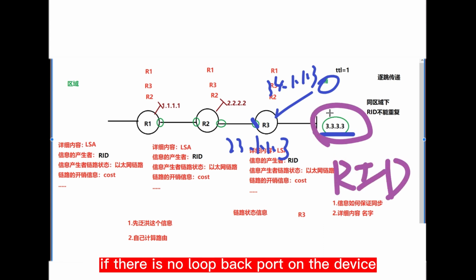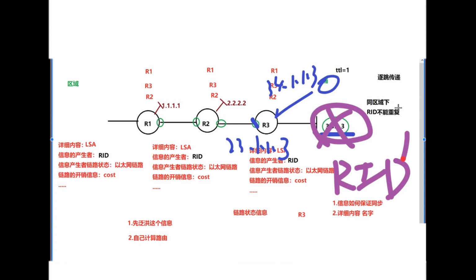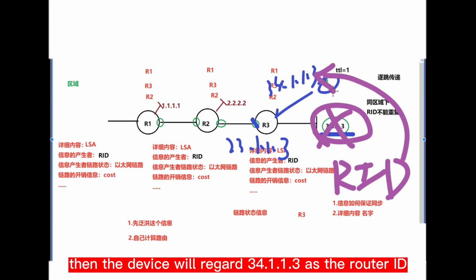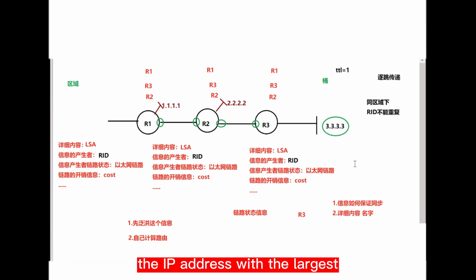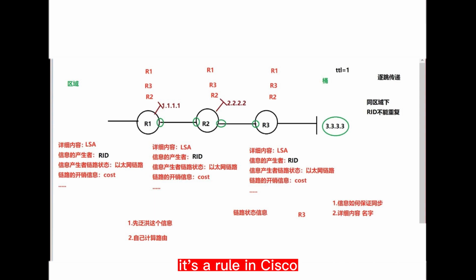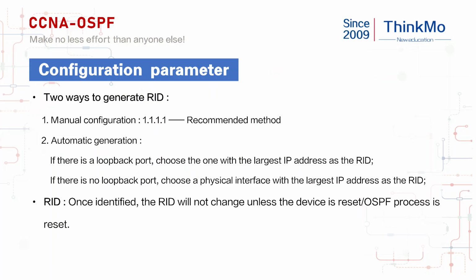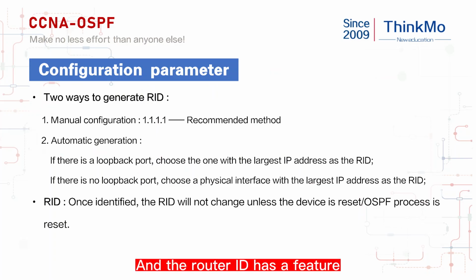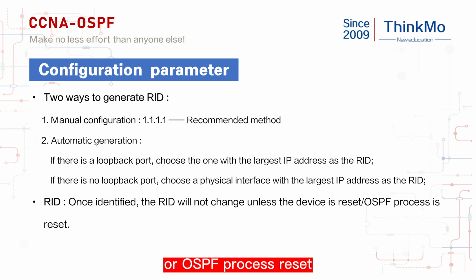If there is no loopback port on the device, then the device will regard 34.1.1.3 as the router ID. The largest IP address among the physical interfaces will be selected. It's a rule in Cisco. And the router ID has a feature: as soon as it is determined, unless the device is reset or the OSPF process is reset, it won't change.